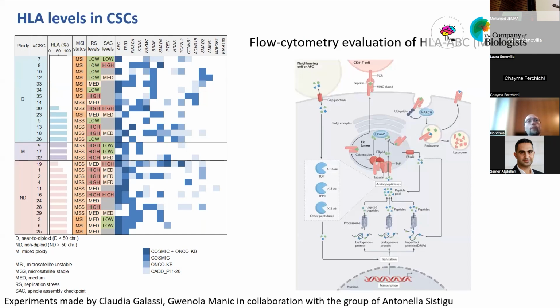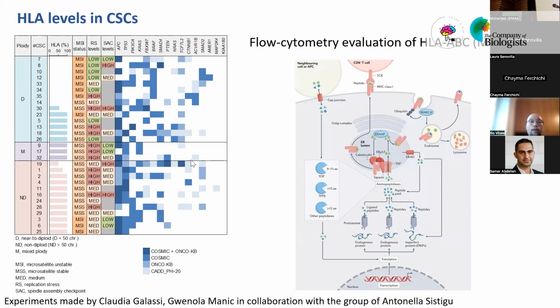I'm showing you one of these parameters, which is the expression of HLA-E. And I think that you know this is part of the antigen presentation machinery. Cancer cells are often deficient in this presentation machinery, which makes them resistant to immunotherapy and to immune cell response.